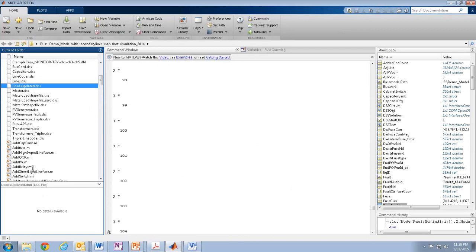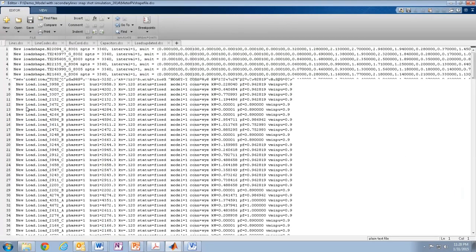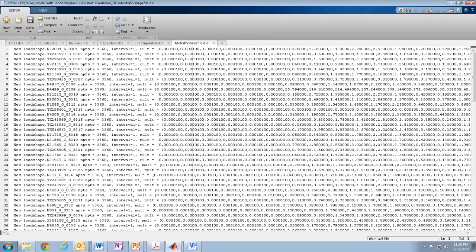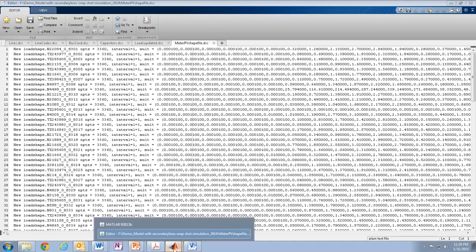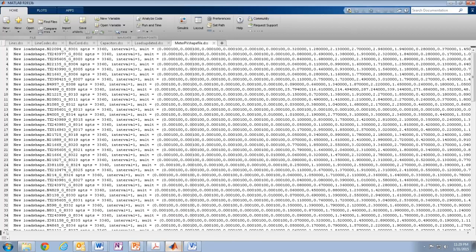Other interesting files, the PV, for example, the PV meter PV shape files. This can be used for the time series analysis. I think this is hourly information, so for each of the time steps, it has the kilowatt output, and the power factor is assumed 1 for all the PVs.